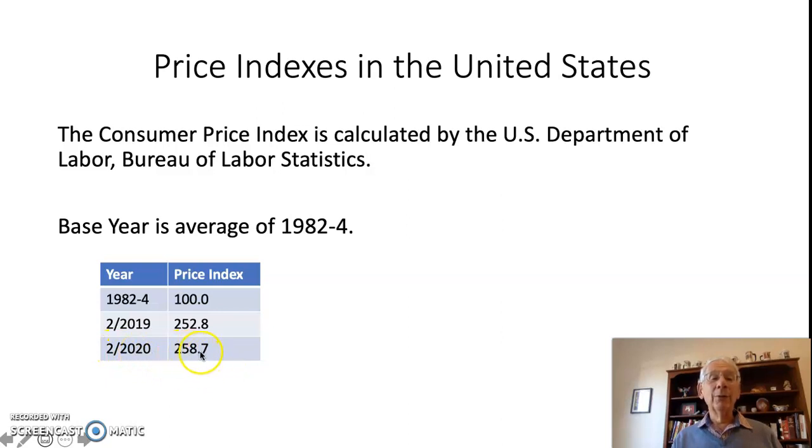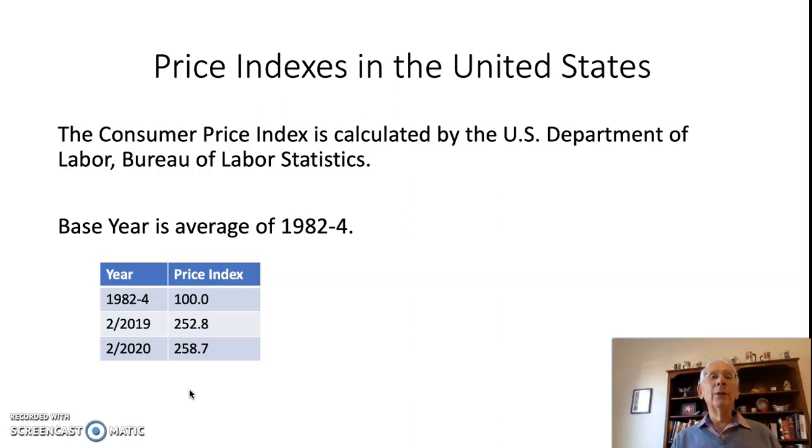Secondly, what this number tells us is that the price index last month for the 600 goods in the Department of Labor's Consumer Price Index, that's the main index of what consumers buy, is 258.7% of what it was in the base year. In other words, prices have gone up by more than 2.5 times since the base year.